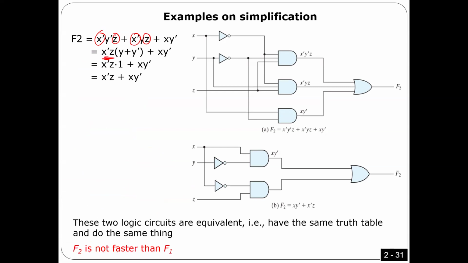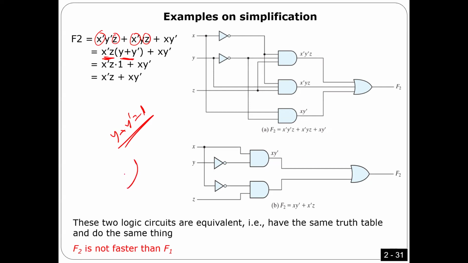By the way, when you do something like that, sometimes it doesn't help, so you have to return it back. But here it helped me. How did it help? Because you have y or y prime. Y or y prime is equal to 1. This is one of the rules. You got what I'm saying? You need to know these rules.